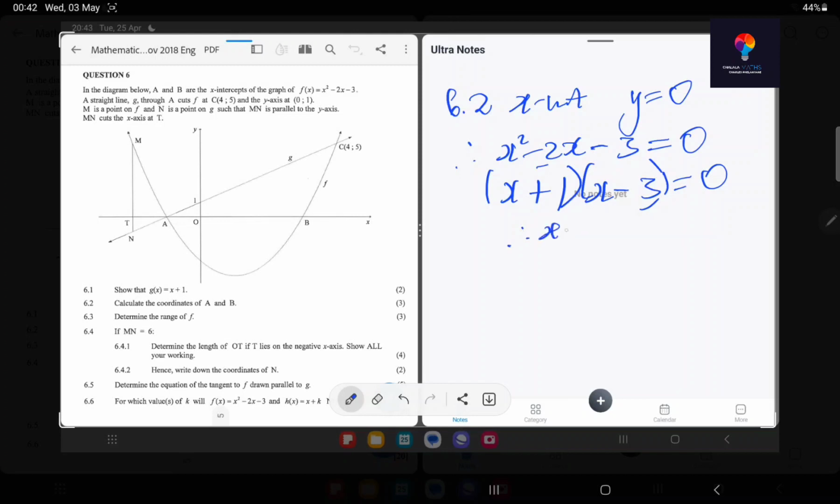Therefore, x is going to be minus 1, or x is going to be 3.